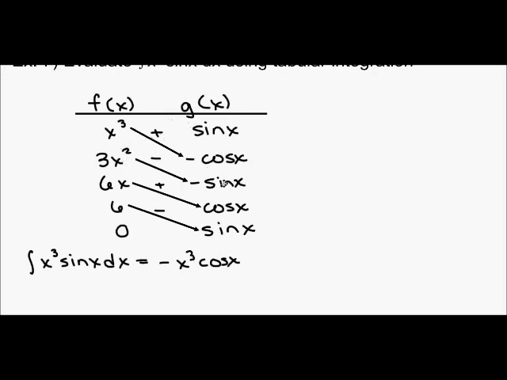Then I should have negative 3x squared sine x, but that negative becomes a positive because I multiply by negative 1. Okay, plus 6x cosine x minus 6 sine x.